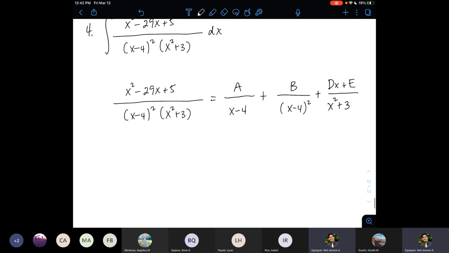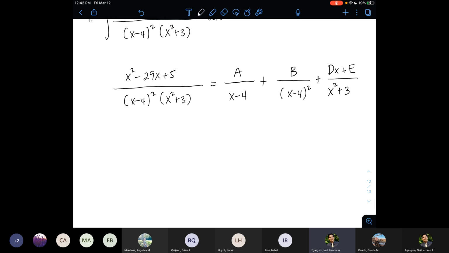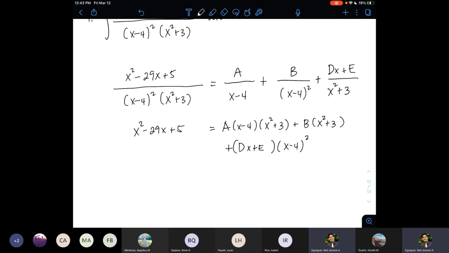Now let's do the cross multiplication. So here we'll have x squared minus 29x plus 5 equals a times x minus 4 times x squared plus 3, okay, plus b times x squared plus 3 plus dx plus e times x minus 4 squared. And this should be true for all x's. Okay. So here I just used the concept of least common denominators that you learned from algebra, right?